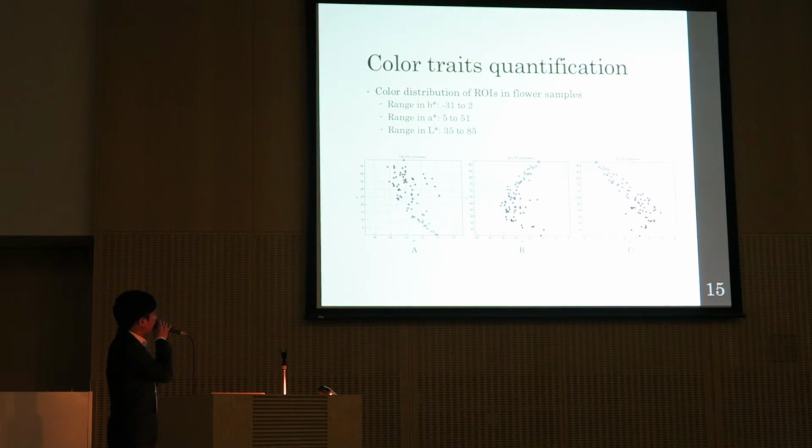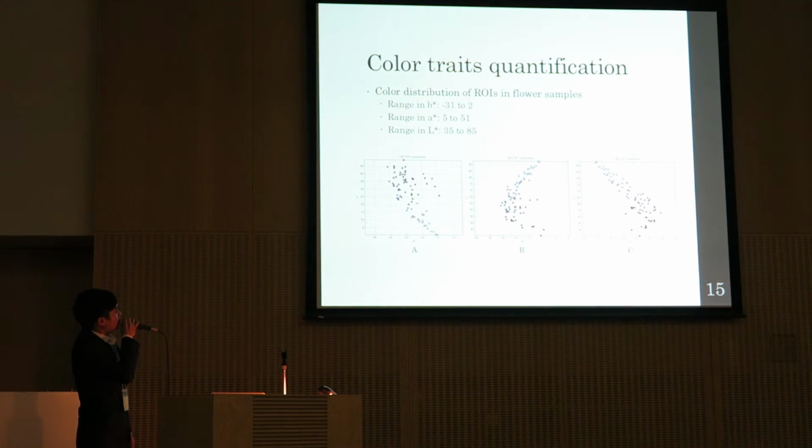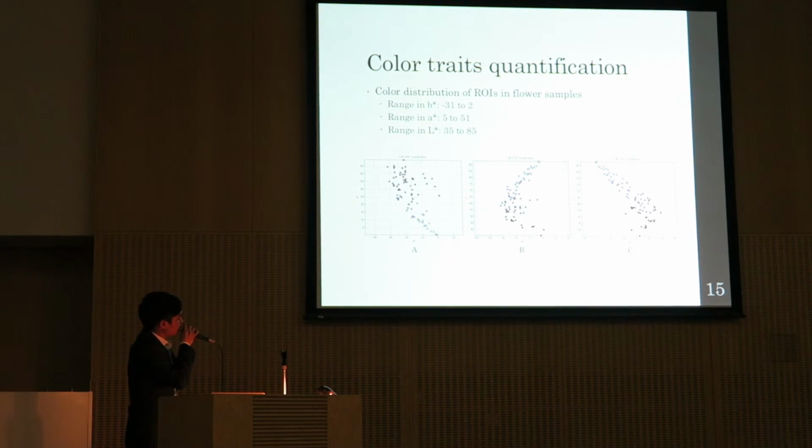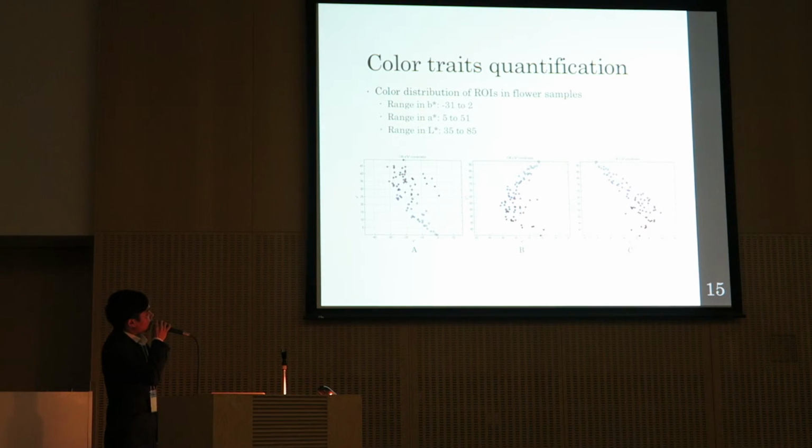Figure A is the ROIs projected on the AB plane, whereas figure B is the ROIs projected on the LB plane, and figure C is the ROIs projected on the LA plane, respectively.